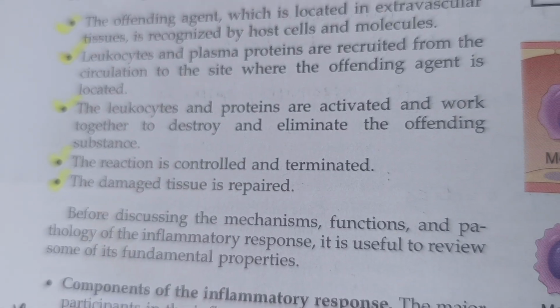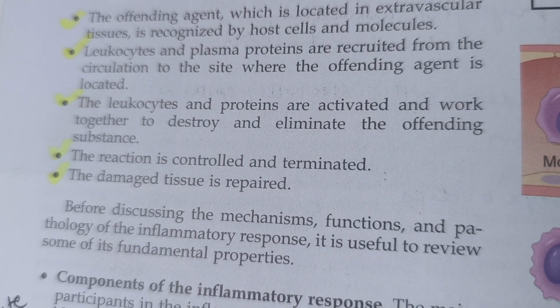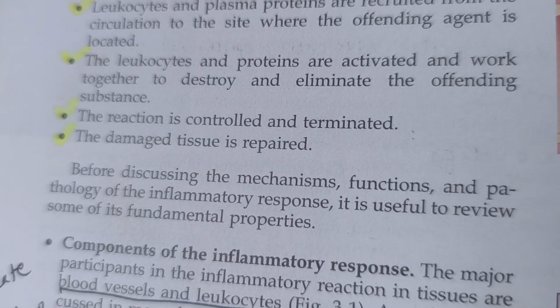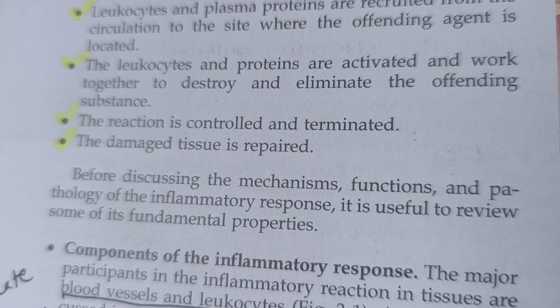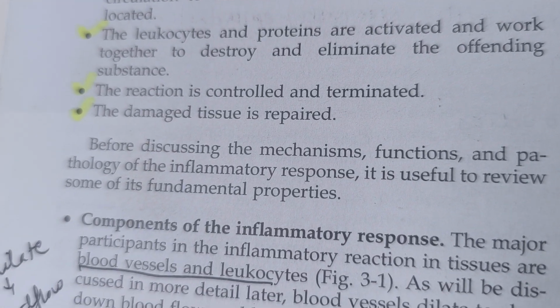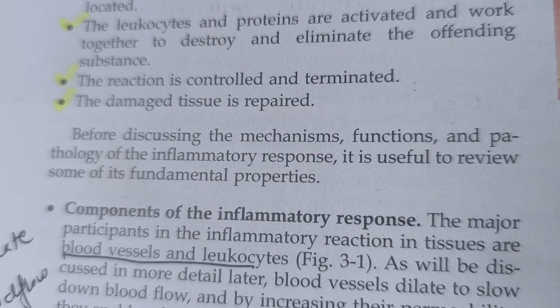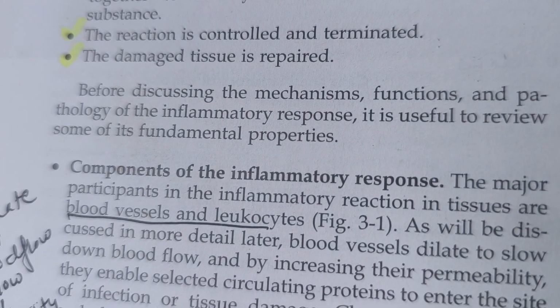Leukocytes and plasma proteins are recruited from the circulation to the site where the offending agent is located. The leukocytes and proteins are activated and work together to destroy and eliminate the offending substances. The reaction is controlled and terminated. The damaged tissue is repaired.